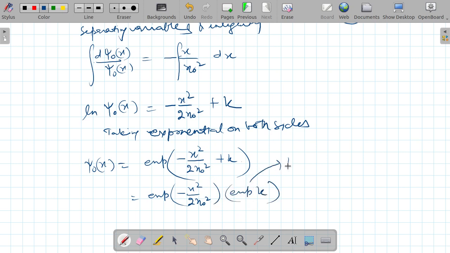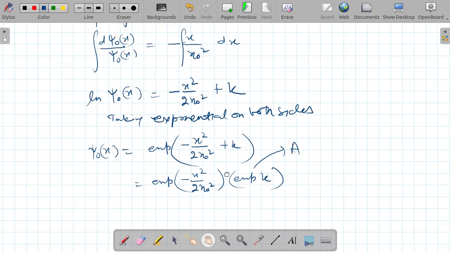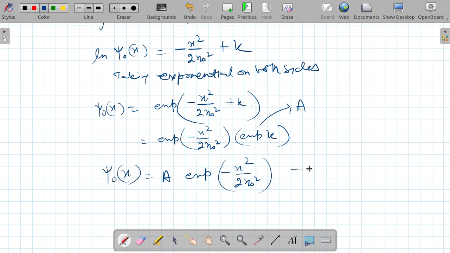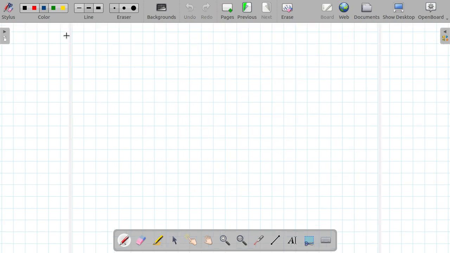Let me call it a constant A. So this equation can be written as A exponential of minus x square over 2 x naught square. Let me call it equation number 8. Now we have to find the value of A by the normalization condition, because our wave function psi naught x must be normalized.